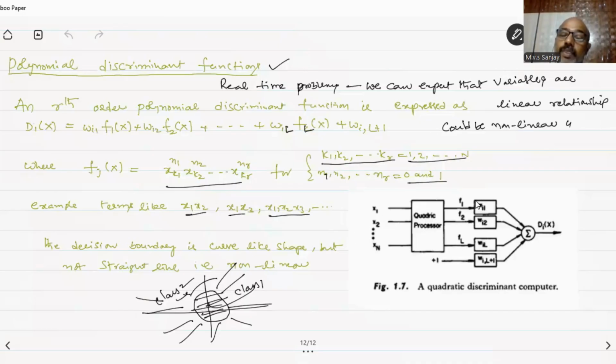Then these artificial features are applied to weights wi1, wi2, wiL, and wiL plus 1. Then we can find the discriminant function. From the discriminant functions, the maximum discriminant detector identifies the largest discriminant function. Based on that, one can classify the given input pattern into the respective classes.